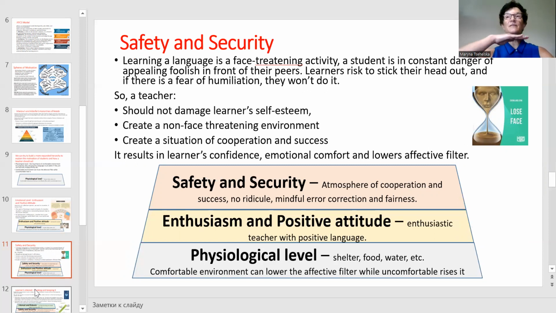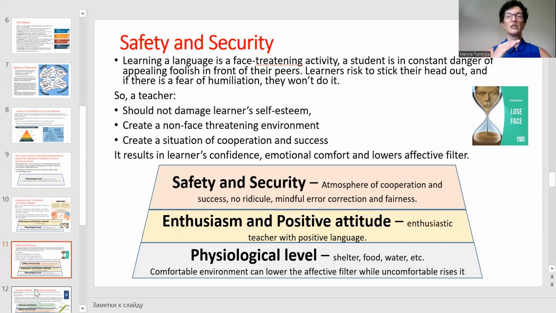And this is the third step in safety and security: cooperation, atmosphere of success and situations of success, and mindful error correction, fairness. We'll keep talking about it when we talk about building skills and building knowledge.